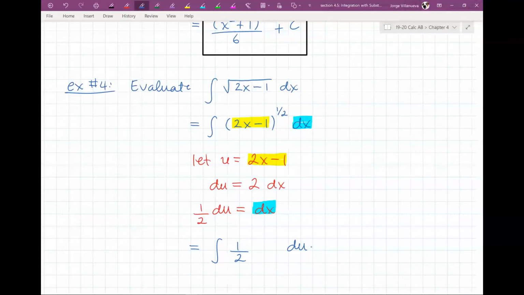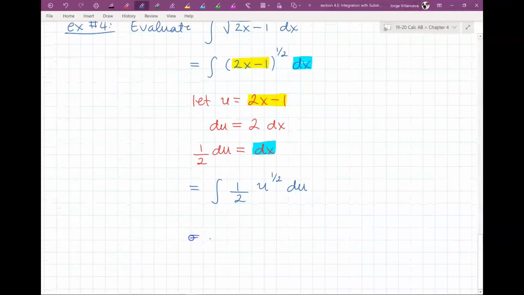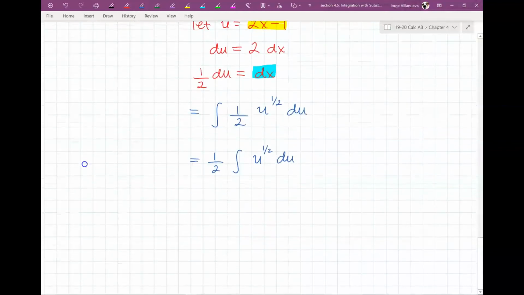And then my u portion is the 2x minus 1, so it's going to be u to the half, because it's 2x minus 1 to the half power. So I'm going to move out my constant. So the half goes out. And I have the integral of u to the half du.